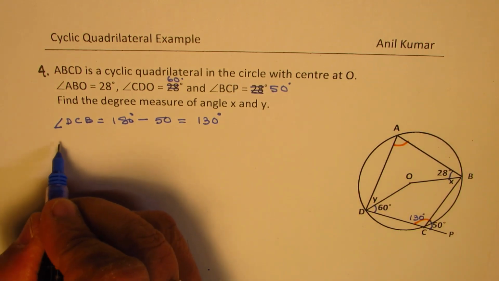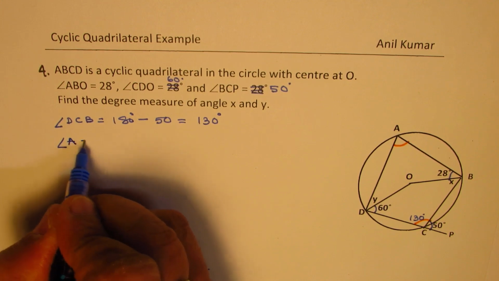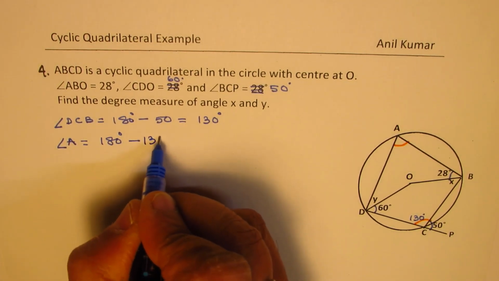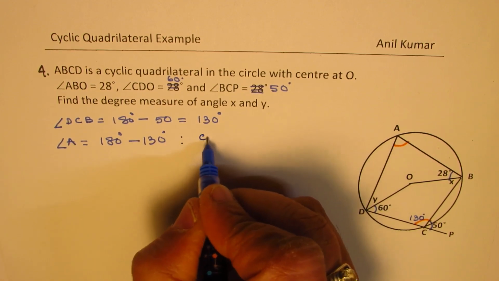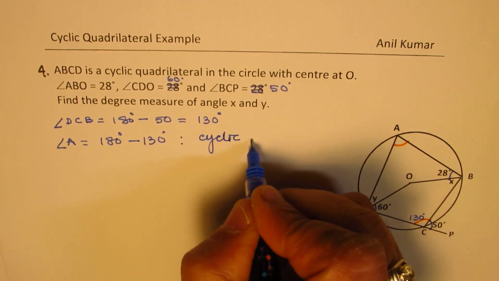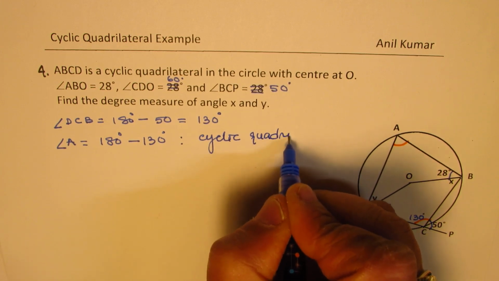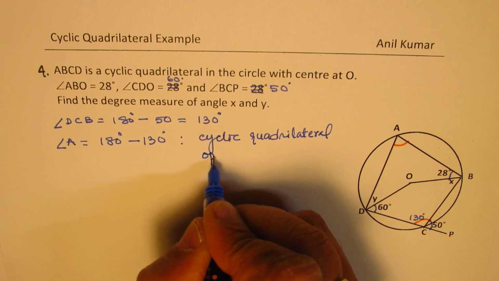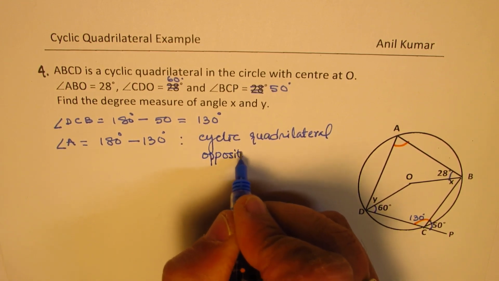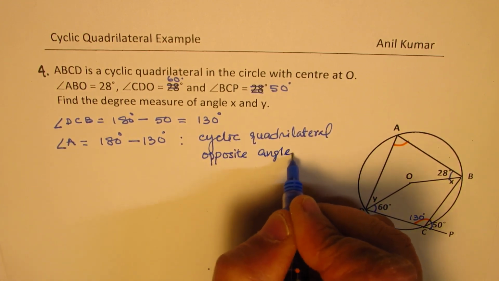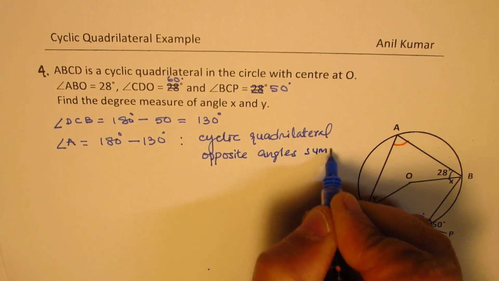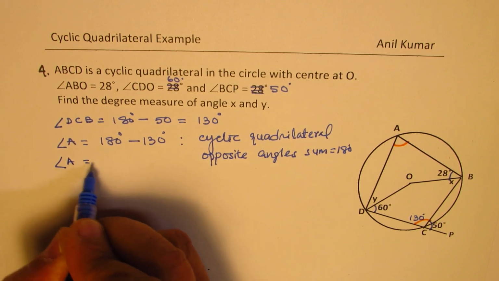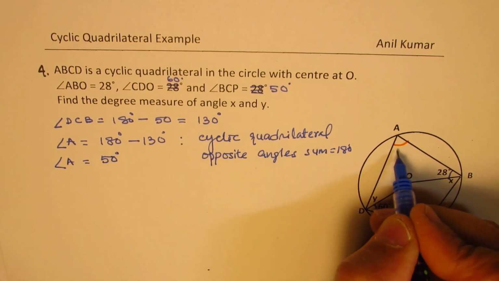So angle A should be equal to 180 degrees minus 130 degrees. Why? Cyclic quadrilateral, opposite angles sum equals 180 degrees. Correct? So we get this angle A as equal to 50 degrees.